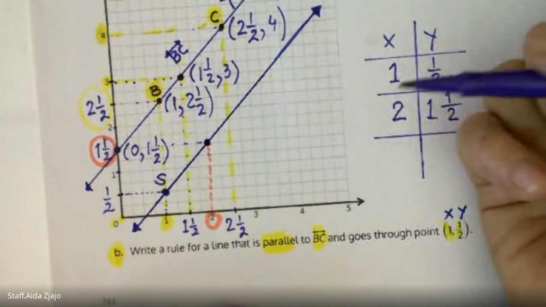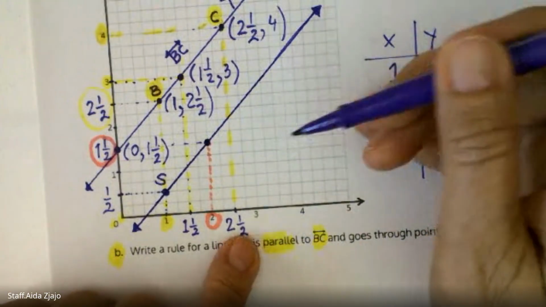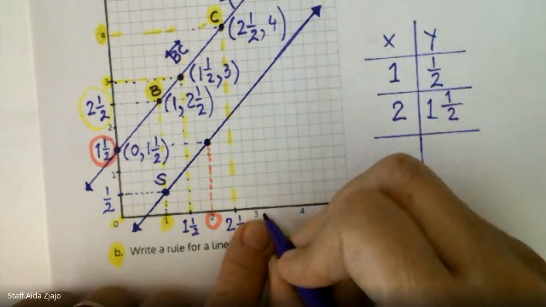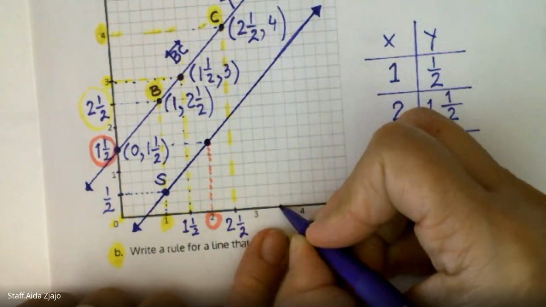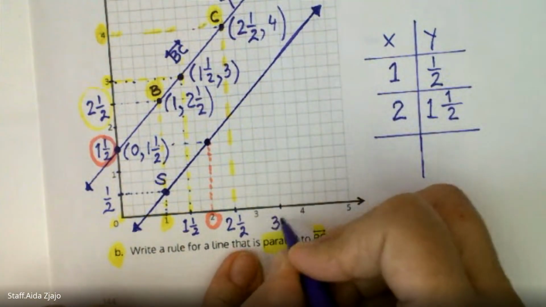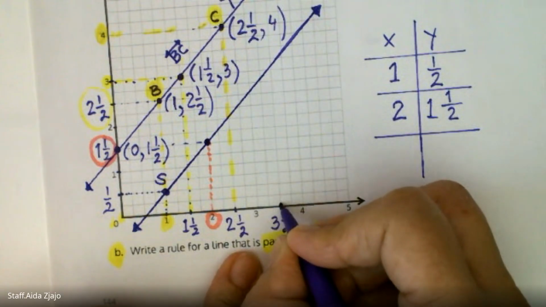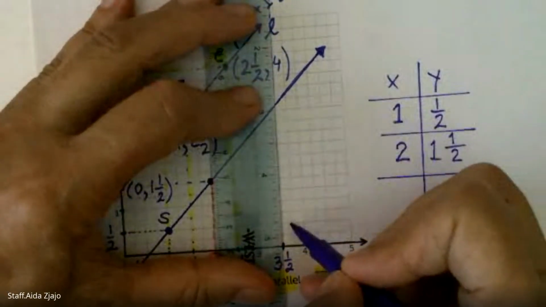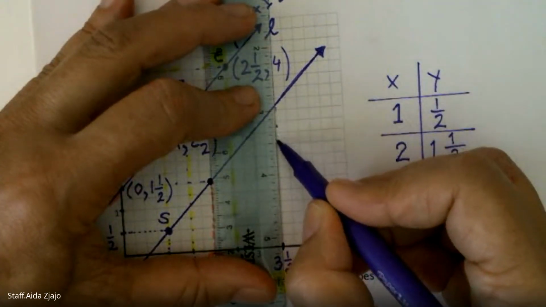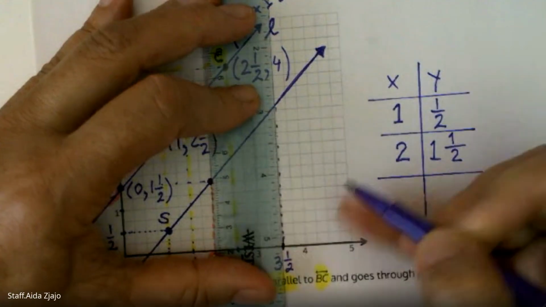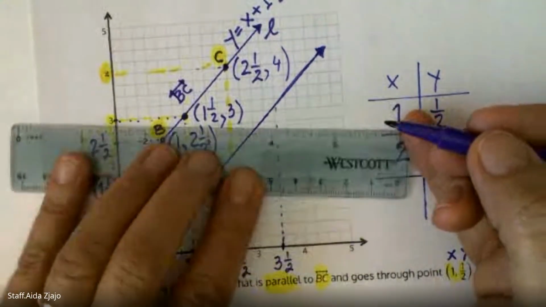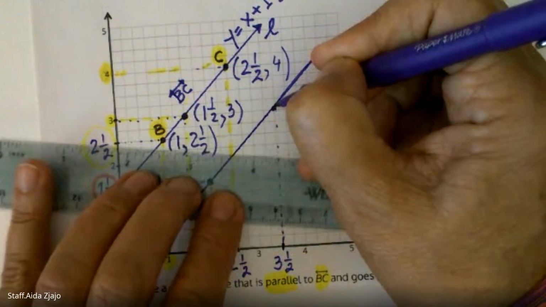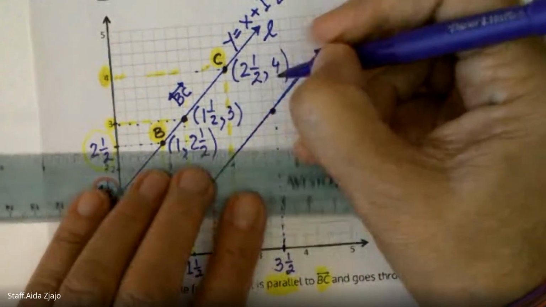Let's do x to be 3.5. 3.5 right here. I can go up here and do my dashes, and then I go to the point, it's right there.